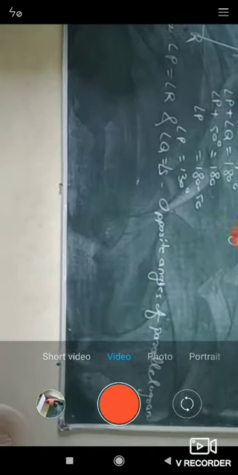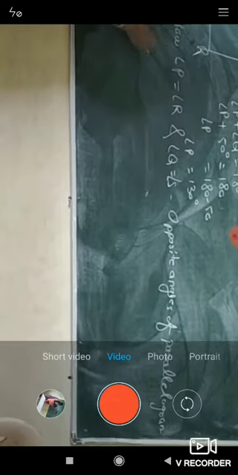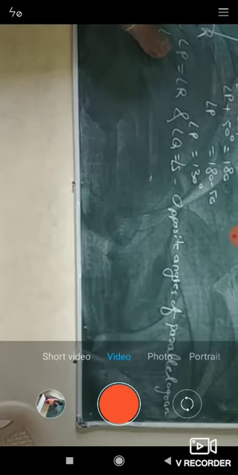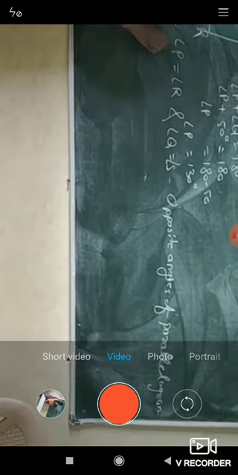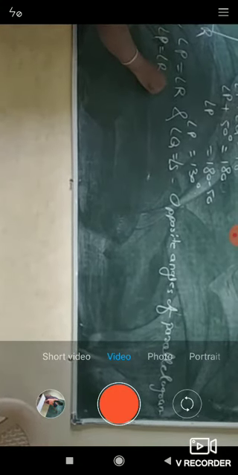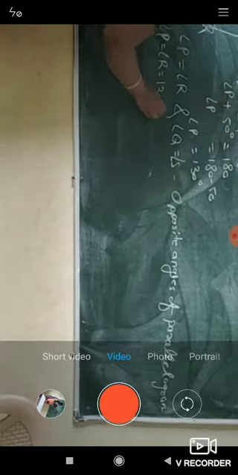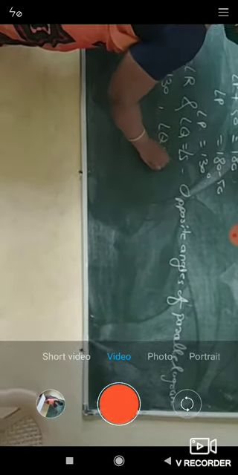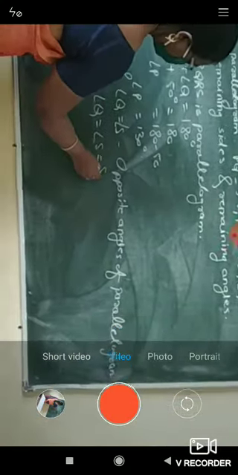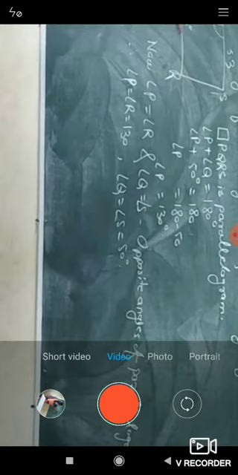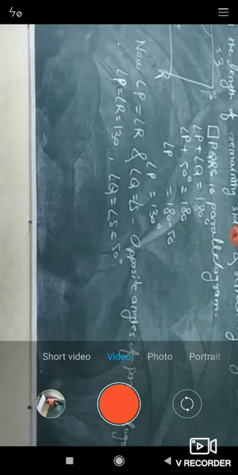Then next, therefore, write here: P's measure we found here. So angle P is equal to angle R is equal to 130, and then angle Q is equal to angle S is equal to 50 degrees. The remaining angles we have found, and the sides we have to find out.